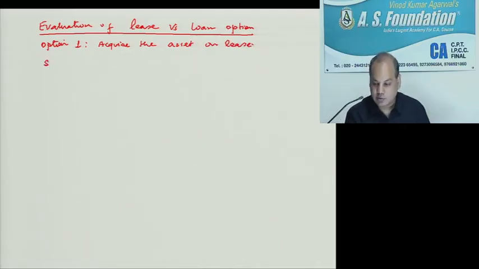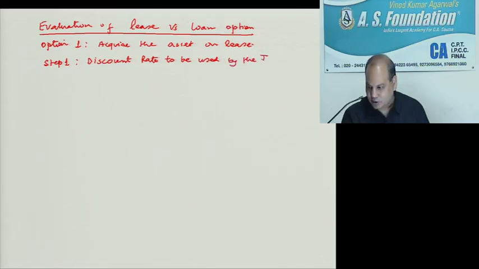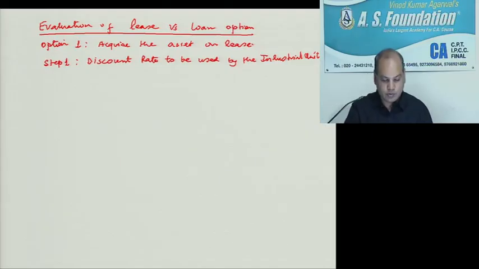Discount rate is not given. So first I need to find out the discount rate to be used by the industrial unit, which is equal to the after-tax cost of borrowing.